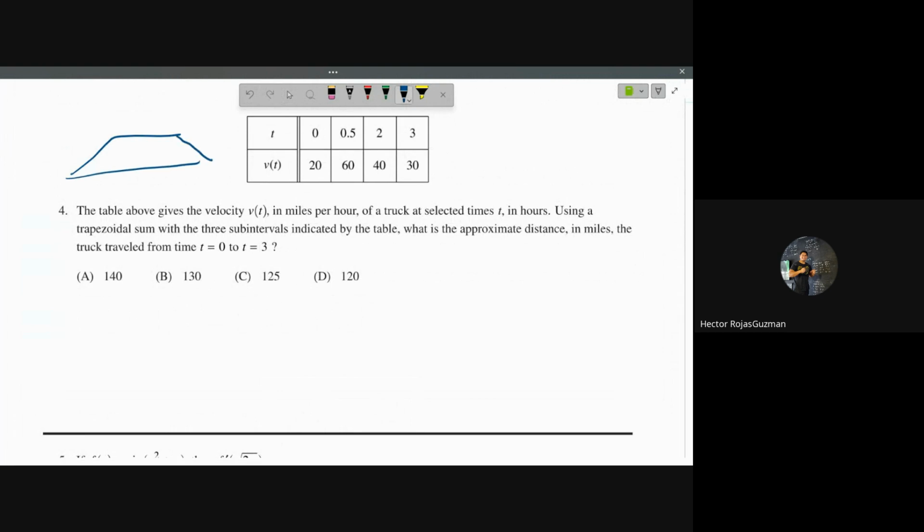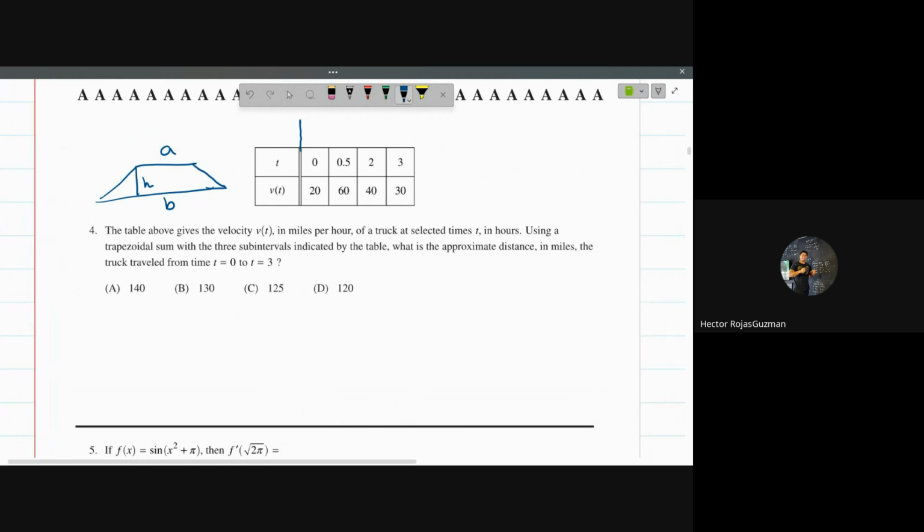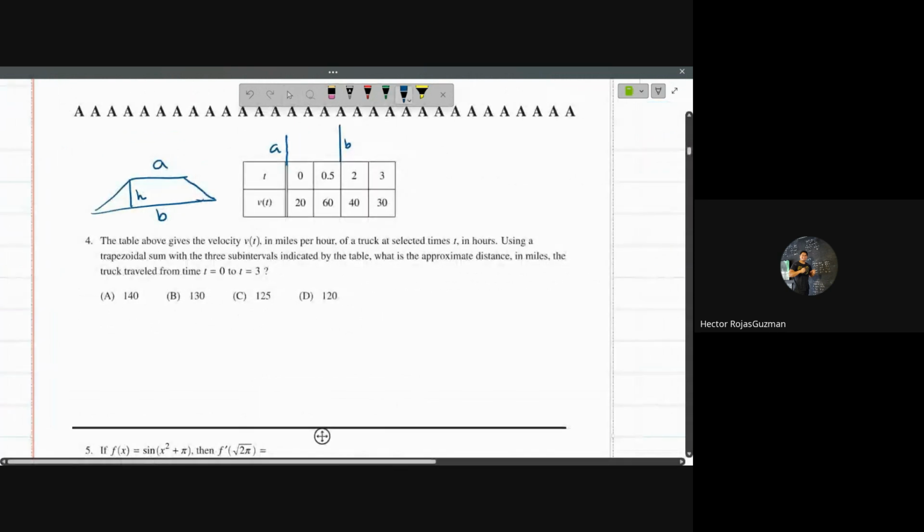In a trapezoid, you have two sides, A and B, and then you have the height H. But whenever you deal with the trapezoidal rule from a table or from a graph, think of the trapezoid as tilted sideways, right? So think of this as your A, think of this as your B. And then the trapezoid is kind of like that sideways.